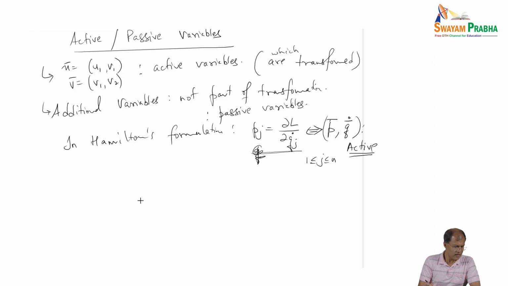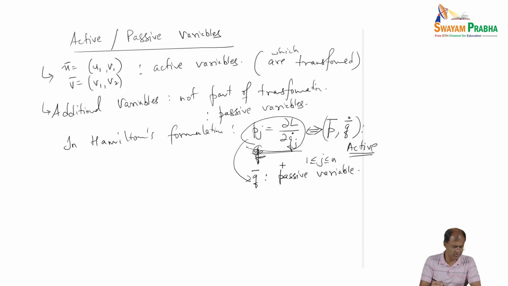Besides P and Q dot, we could have a third variable which is Q, and Q is the passive variable, which is not appearing in this transformation.